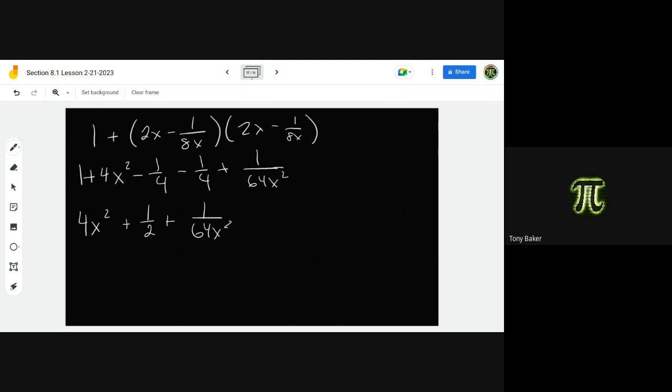Okay. Is that a perfect square? Yeah, that's 2x times 2x, right? Is that a perfect square? Yeah. All right, so this is just to try to see if it works.